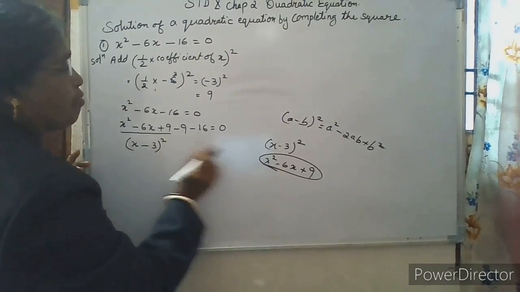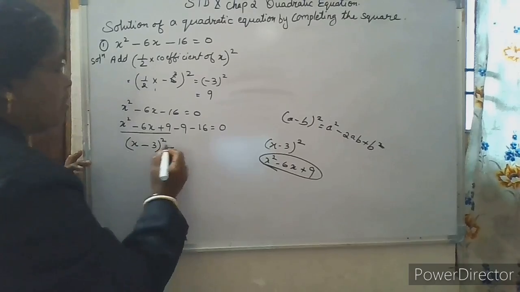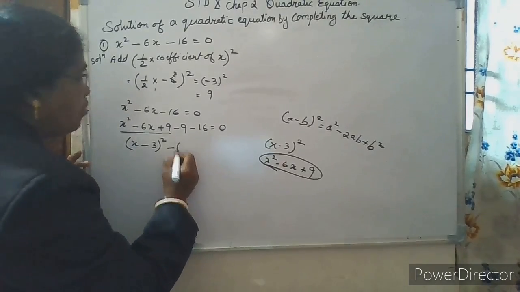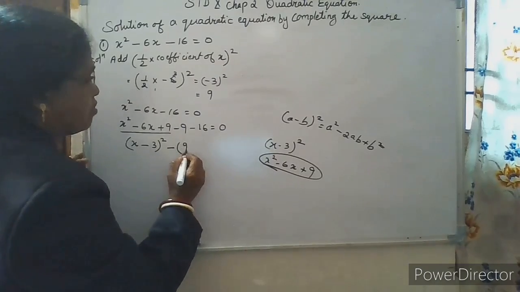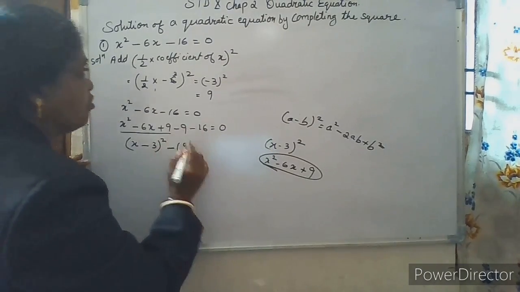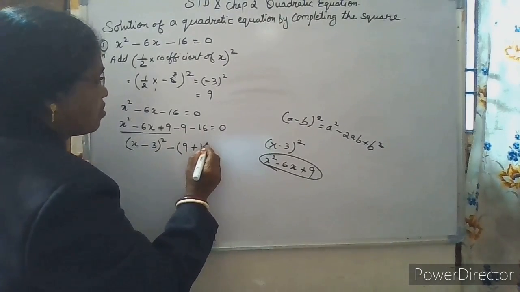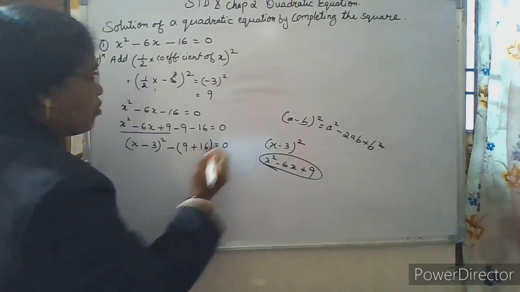Now come to this part. Put a minus sign here and then a bracket. Minus into minus becomes plus, and minus into minus is also plus 16, equal to 0.